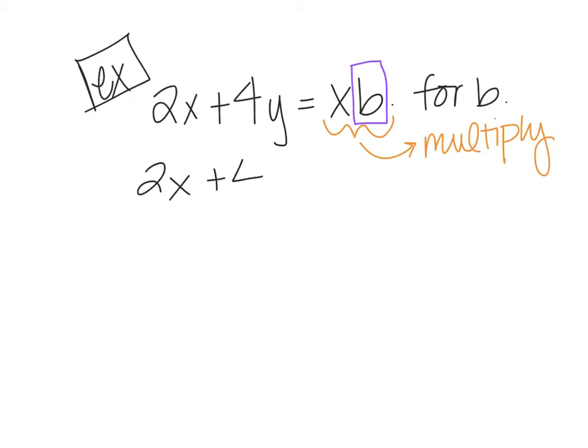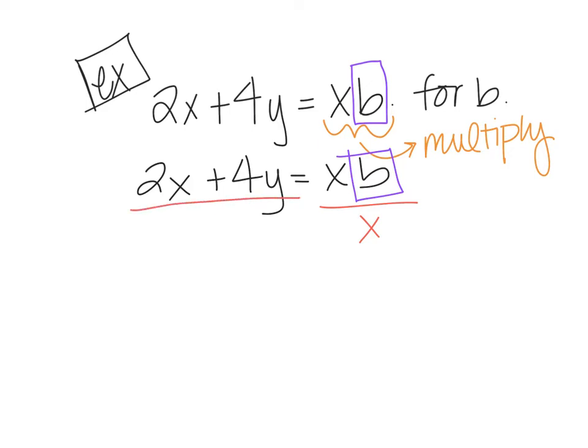2x plus 4y equals xb. And we're solving for b. So we're going to divide by x. Okay, which means we divide everything over here by x too. So on the right-hand side, our x's are going to cancel out.